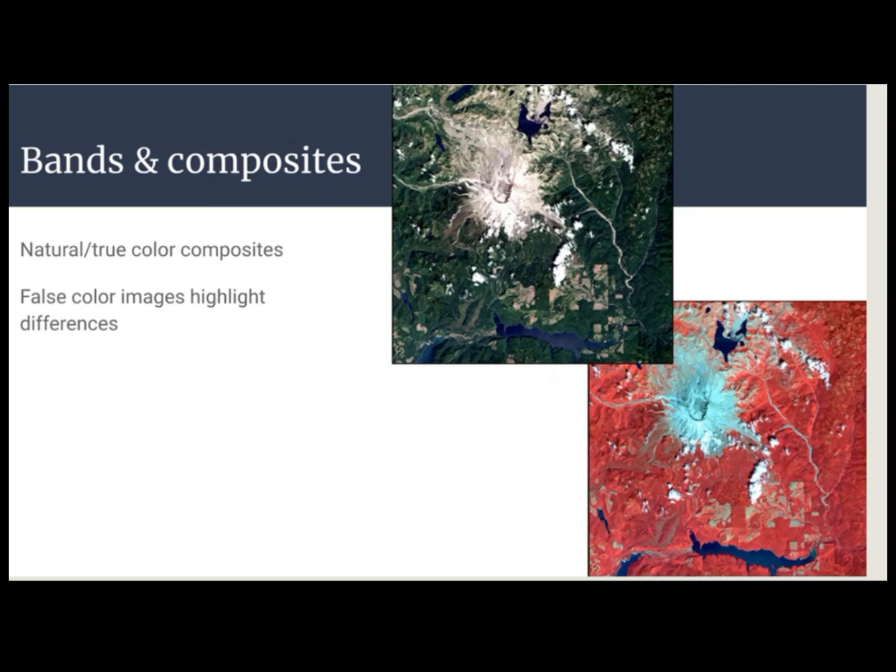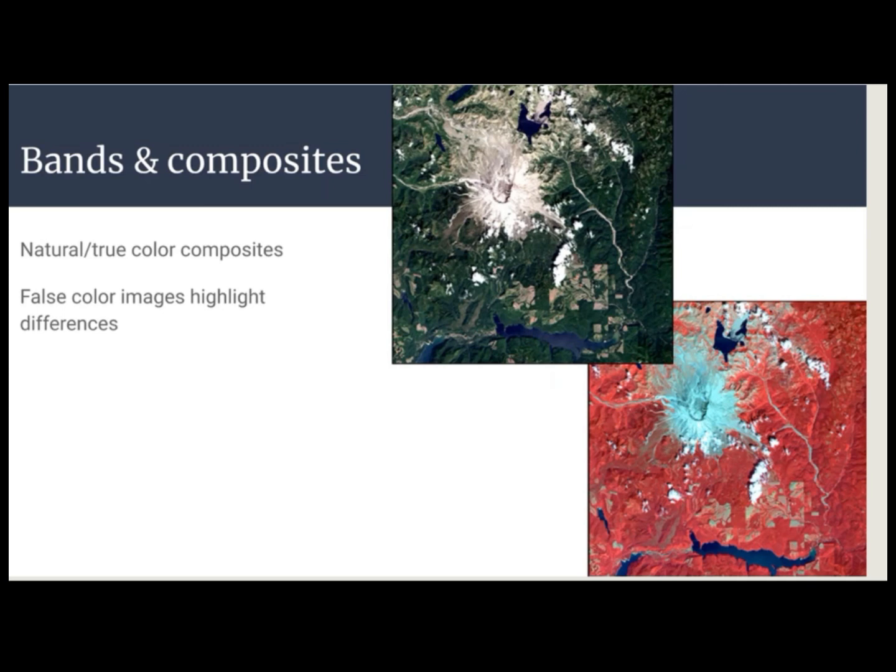So usually, when you see a red image like that, you normally have a near infrared band placed in the red slot. With Landsat 8, that would be a band 5, 4, 3 composite. So band 5 in the red slot, band 4 in the green slot, and band 3 in the blue slot for RGB.